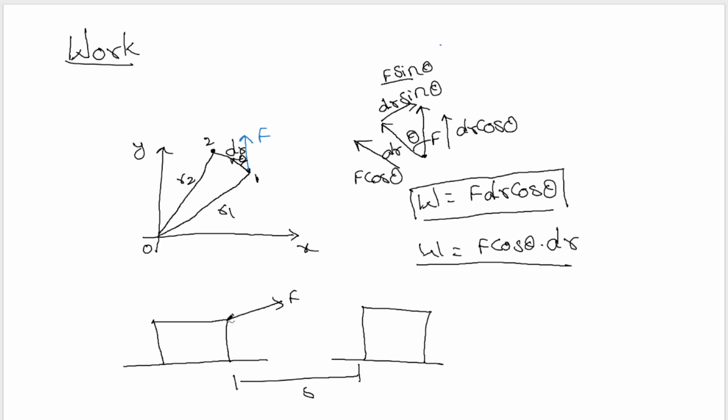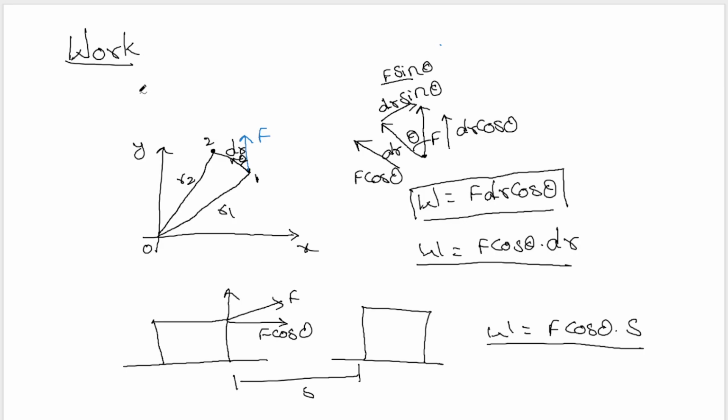When we resolve the force into two components, the F cos theta component helps to move this particle by the distance of S. So by the definition of work, we can write work equals force F cos theta into distance, that is S. Here we can write distance and displacement both.